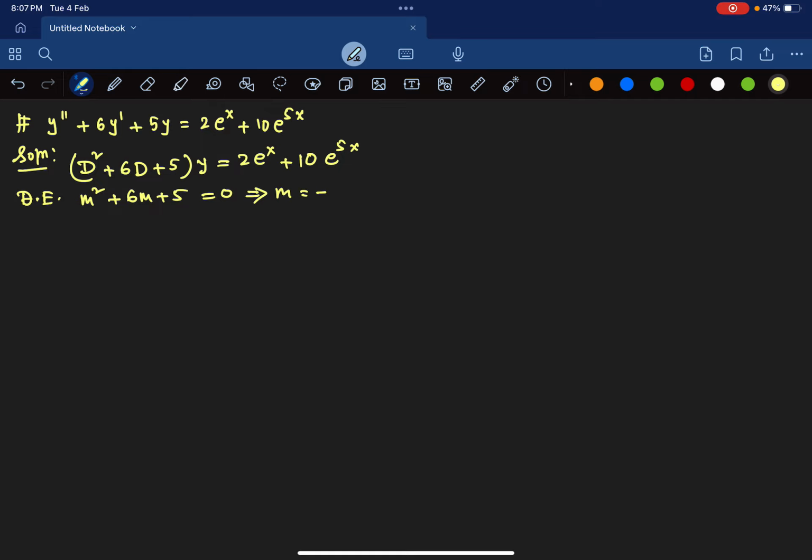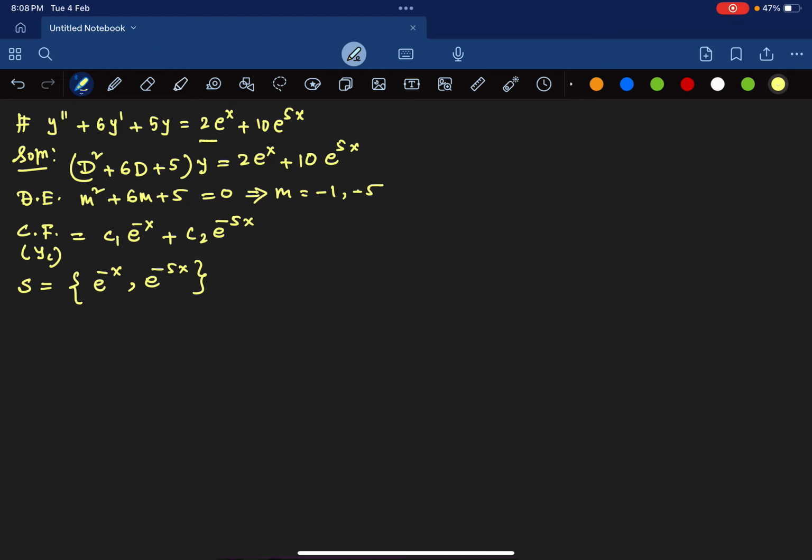So from here, if you calculate, m is equal to −1 and −5. So the CF, complementary function, that is yc, is given by c1 e^(−x) + c2 e^(−5x). So from here you can write the solution set {e^(−x), e^(−5x)}.